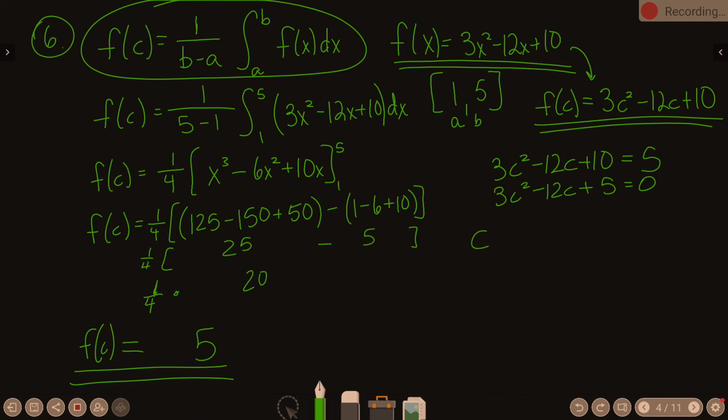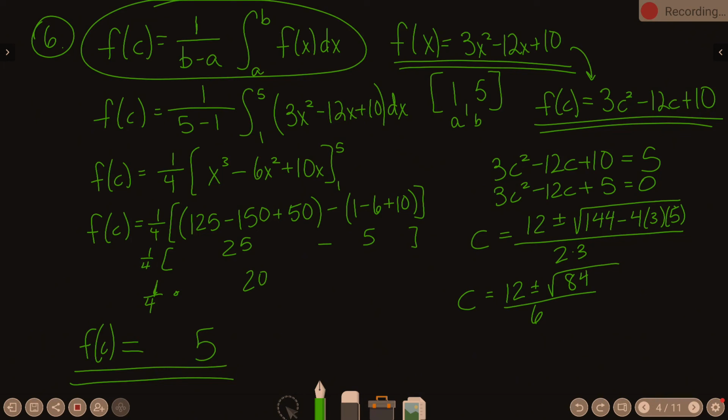Since I'm solving for c, it's going to be c equals negative b, 12, plus or minus the square root of b squared, 144, minus 4 times a times c, all over 2a. 12 plus or minus the square root of 144 minus 60, 84, over 6. So 12 plus or minus the square root of 84 over 6.